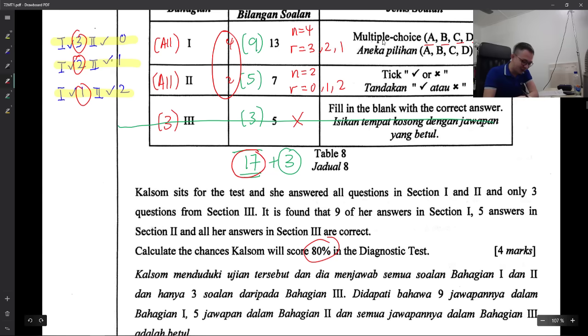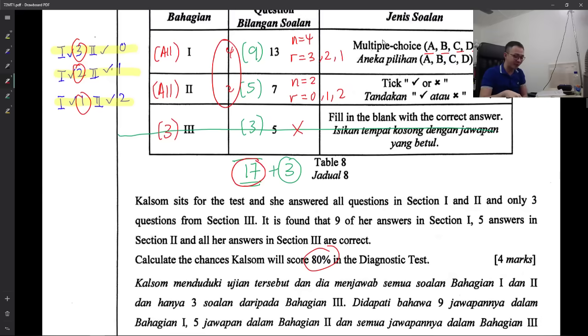If you're not sure, you can still correct 3 more questions to get 80%. Yeah, this is the idea. Some students might think she already corrected 17 questions, then she already got her mark. But what is the point of this whole question? She already knows she corrected 17. She needs 3 more. Okay, I hope I don't confuse you.